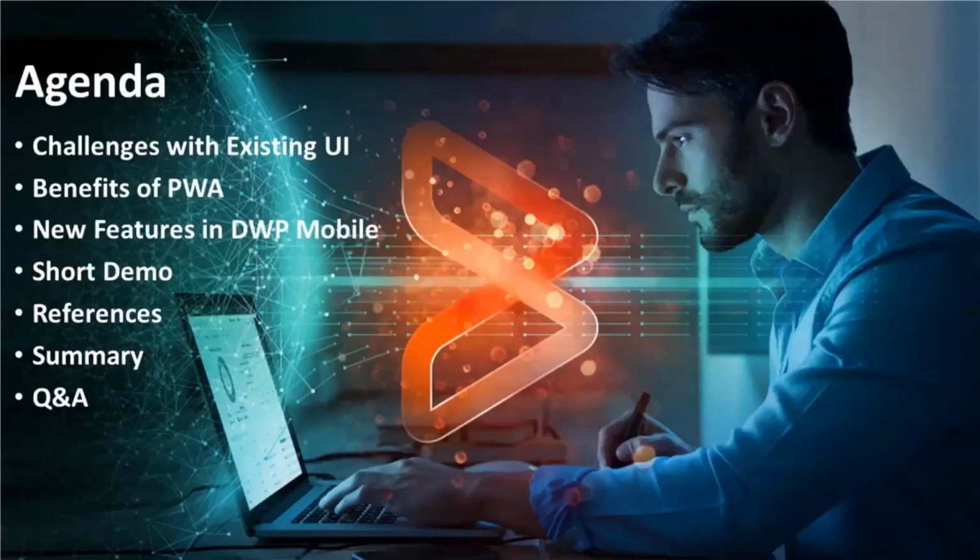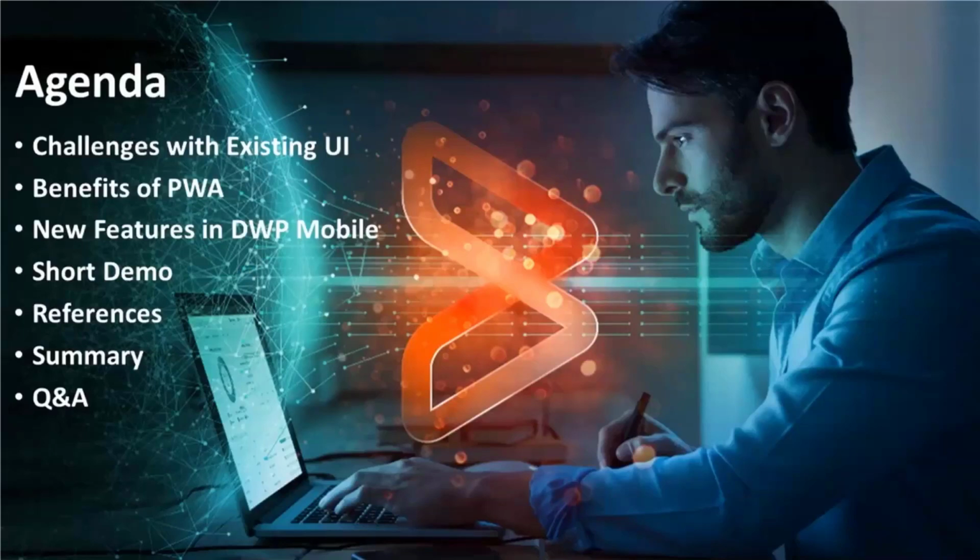So today we're going to talk about the Digital Workplace New UI, which is a progressive web app. We have a packed agenda for the next 1 hour or so. Here's the agenda: we're going to talk about the challenges with the existing UI, which basically gives you an idea why we did a revamp of our UI.